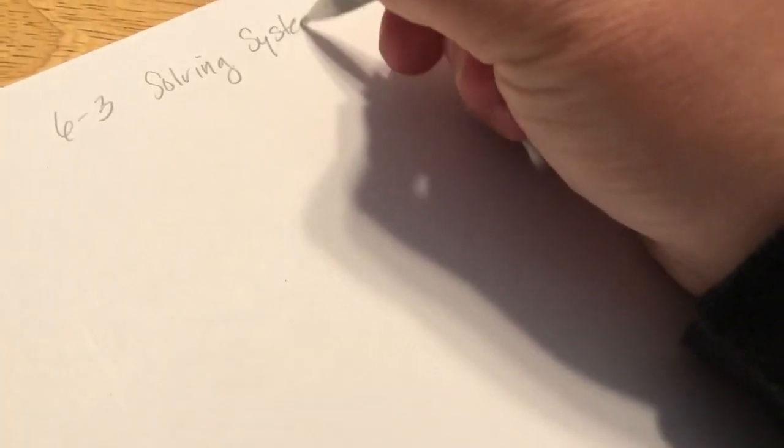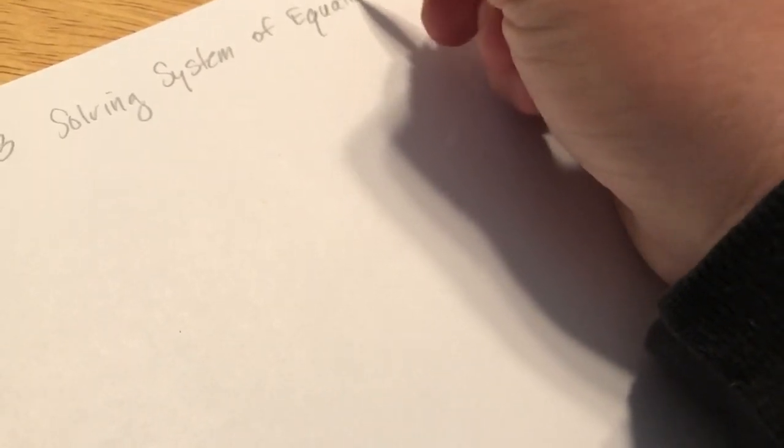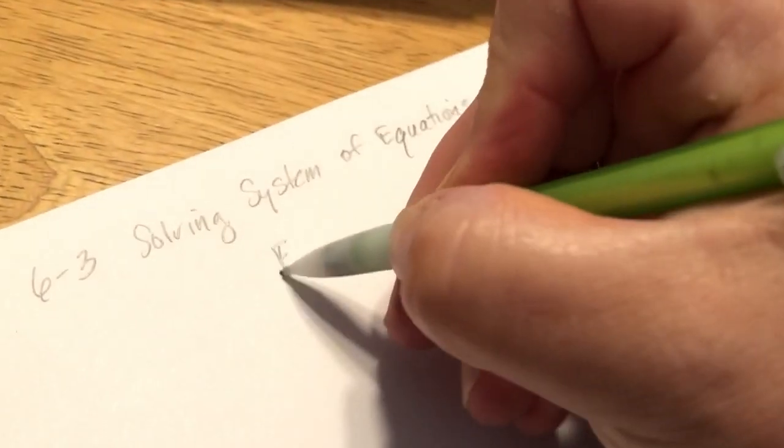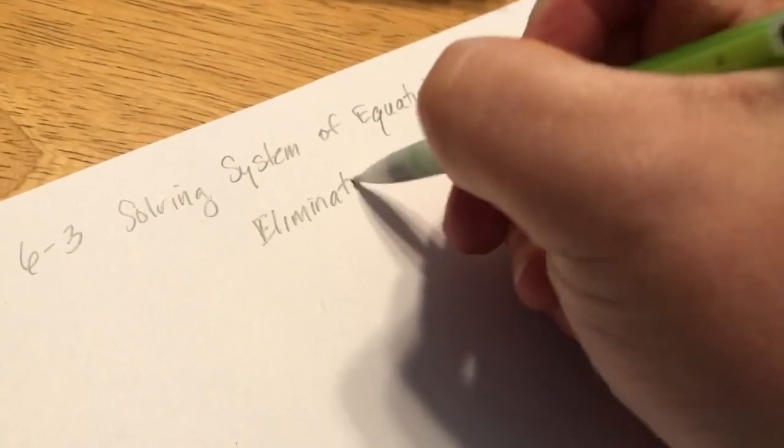Okay, since we have finished graphing a line and writing the equation of a line, we are now going to jump to section 6.3. We are skipping sections 6.1 and 6.2, and we're jumping to 6.3, which is solving systems of equations by elimination.